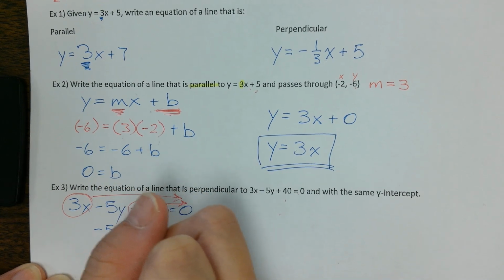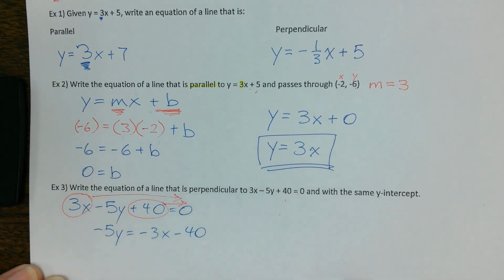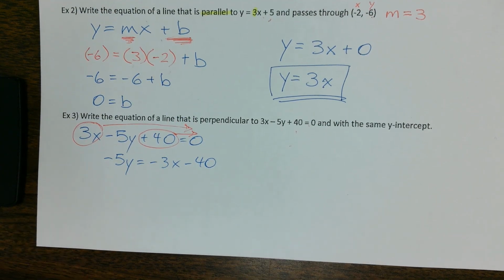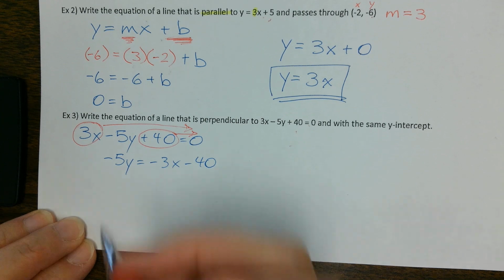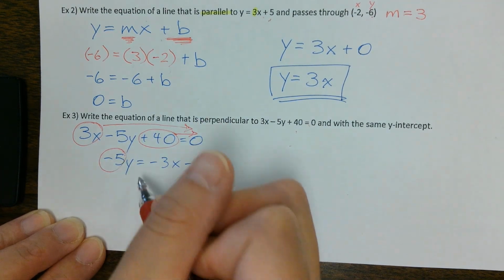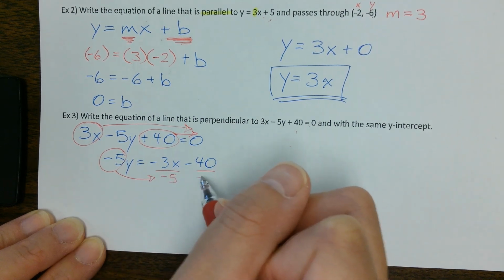So negative 5y equals negative 3x minus 40. That's when we move it over, we have to change the sign. What am I going to do with this negative 5 now? Divide it. Yeah, good. Divide each of the terms by negative 5.